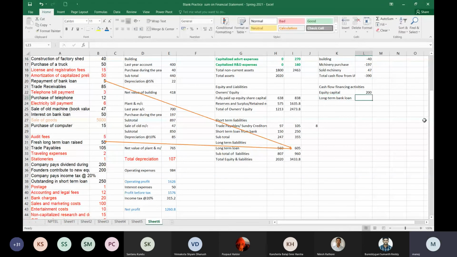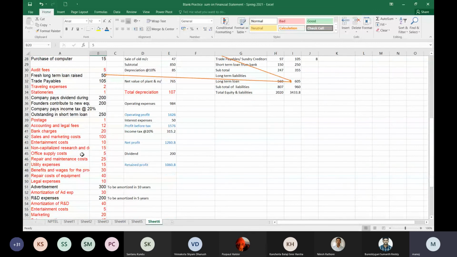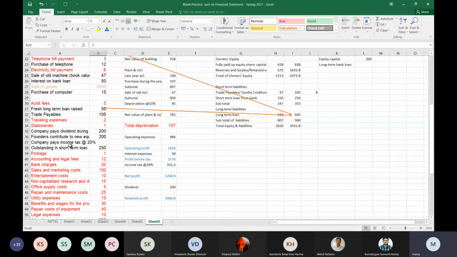Let us see what happened to the long-term bank loan. See, you have repaid bank loan of 5. So this has gone out. And you have raised fresh long-term loan of 50.